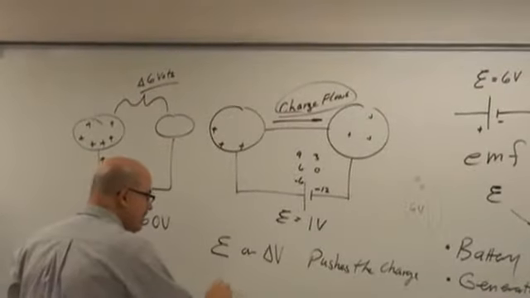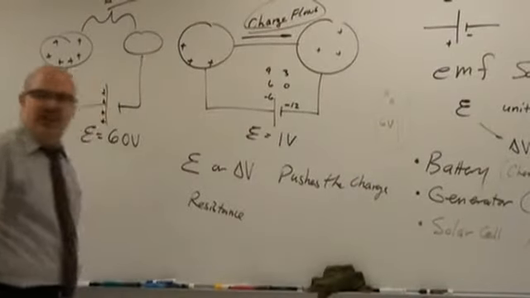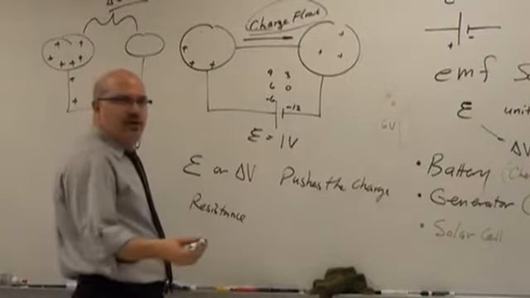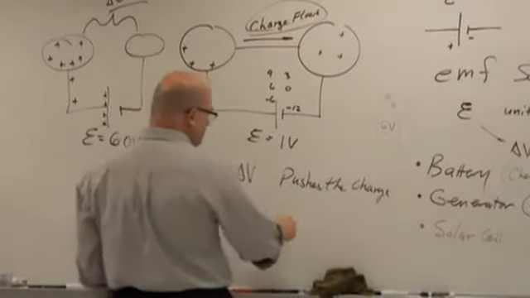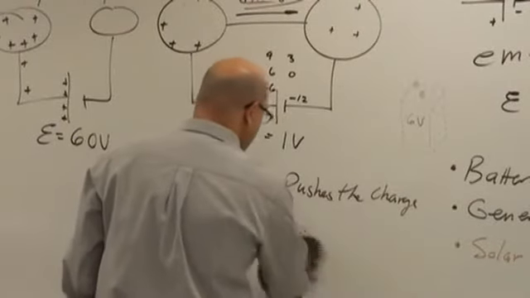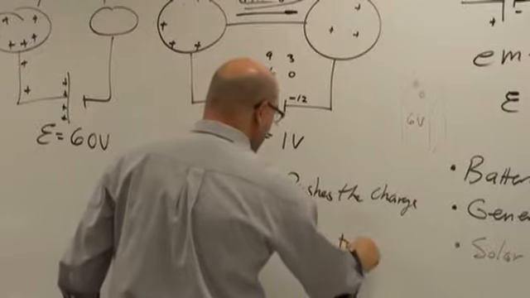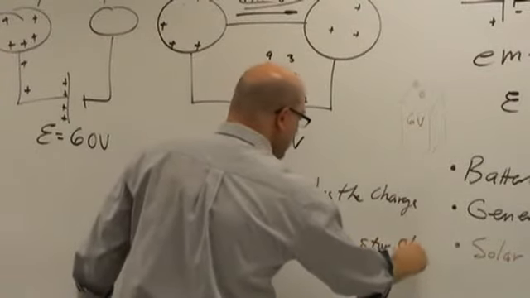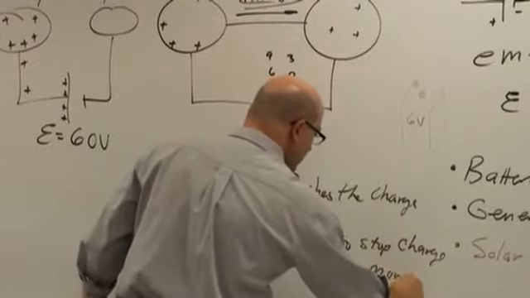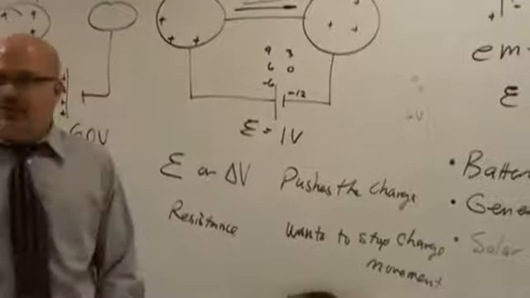And then we have resistance, electric friction, you could say, which hinders the charge. Resistance wants to stop the charge movement.